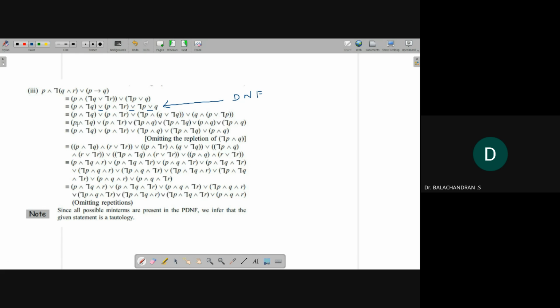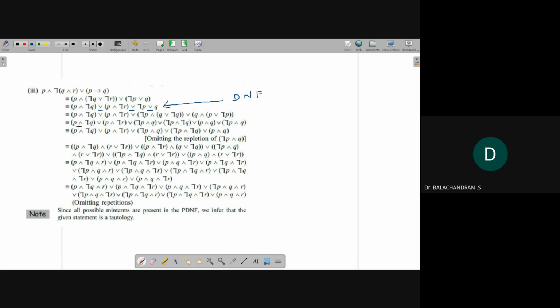Next, P and negation Q or P and negation R, by distributive law. From this we'll get two elements, and from this also two elements. Now totally 1, 2, 3, 4, 5, 6. I think there is something repeated.